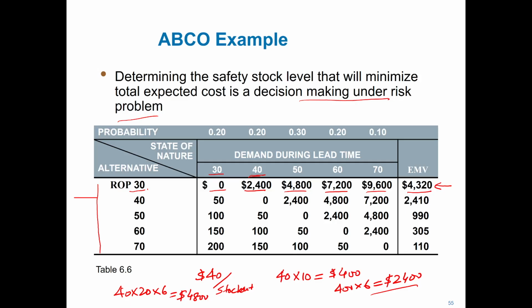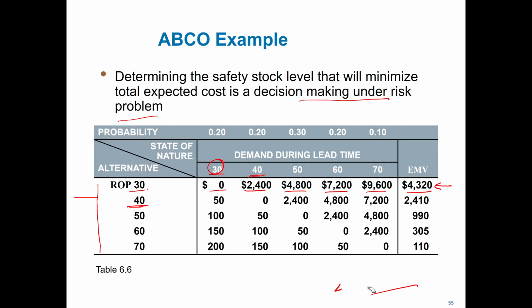Now let's look at a situation of keeping 40 units and the demand occurs 30 units. Now what happens? We kept 40 units, but the demand was only 30 units. This means that 10 units are extra. Cost is coming because of keeping this extra 10 units in the inventory.